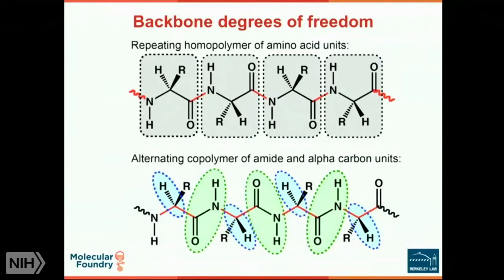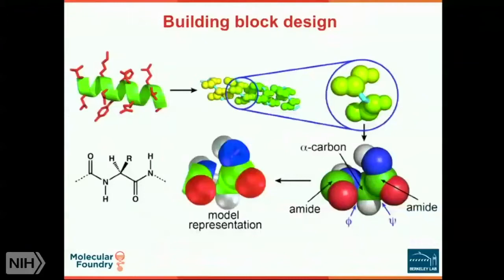So now these red connectivity points are the phi and psi rotation angles. And you can think of this as an alternating copolymer, where the alternating units are amide units and carbon units. And those are repeated in an alternating fashion.